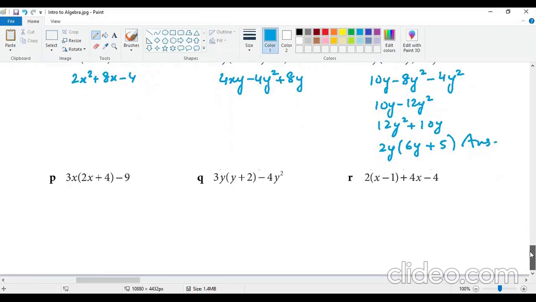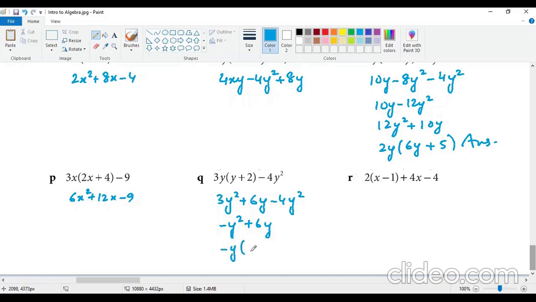Now you have 6x square plus 12x minus 9, all are unlike terms, so you cannot do anything further. 3y square plus 6y minus 4y square, and 3 minus 4 is going to give us negative y square plus 6y. Since minus y is common in both of them, so we write y plus 6, y minus 6 rather.